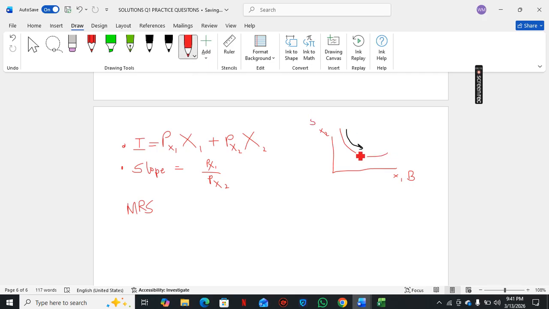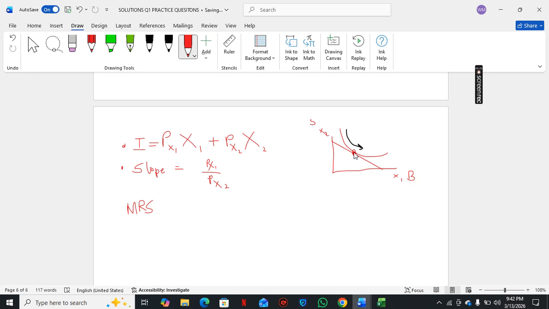When you combine this utility curve and the budget constraint line, where these two meet gives you the maximum satisfaction. It tells you the amount of sausage and bread that will give you the most satisfaction.